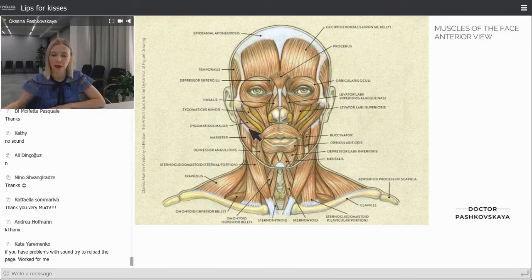And also we have the depressors. First of all, the depressor anguli oris. We could work using botulinum toxin with the dropped corner of the mouth, but not in the cases when the skin is dropped a lot.